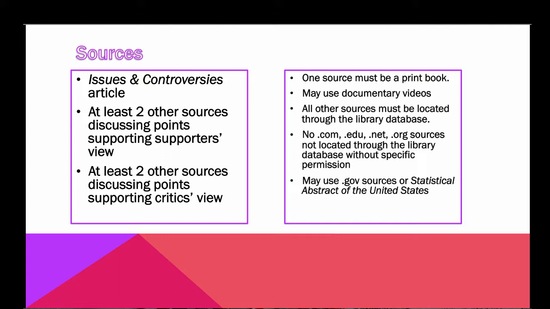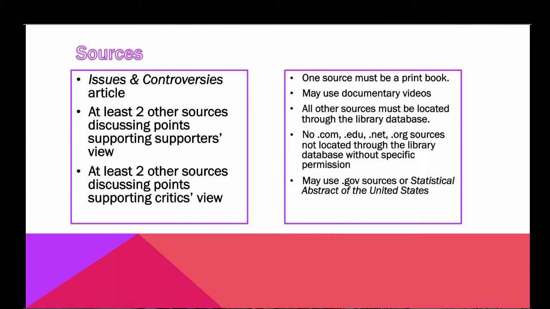For example, if you want to know the median income broken down by state, or by level of education, or by gender, or by race or ethnicity, StatsAbs is a great place to go to get that information.